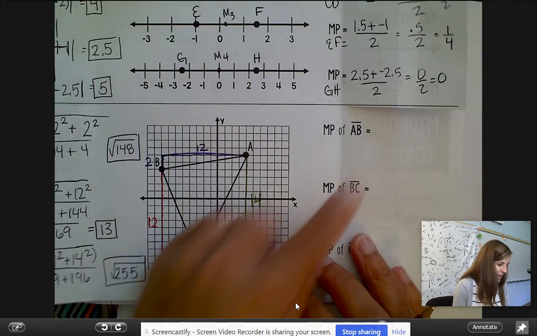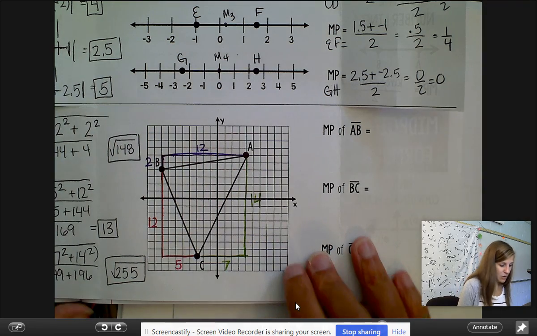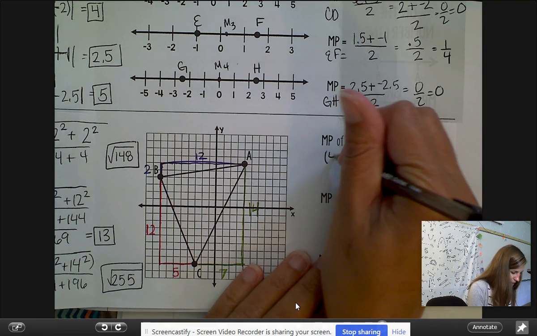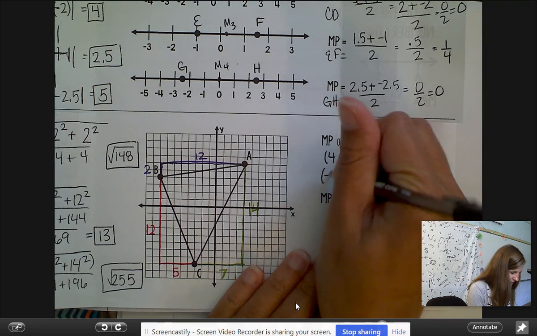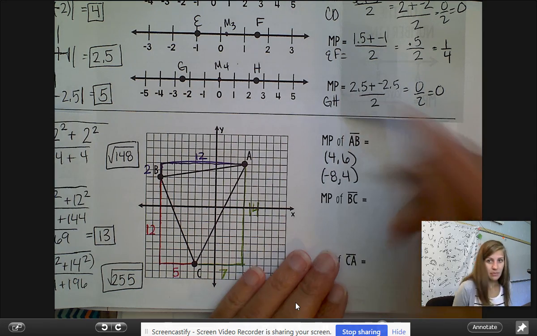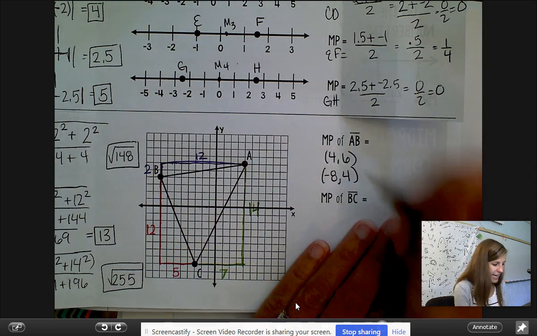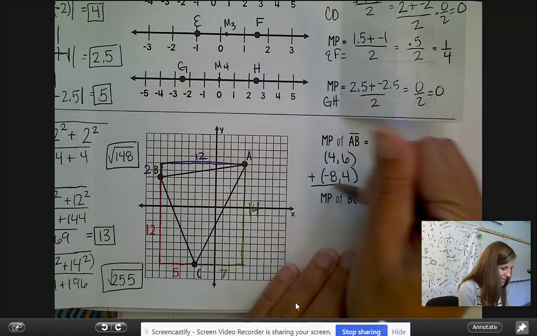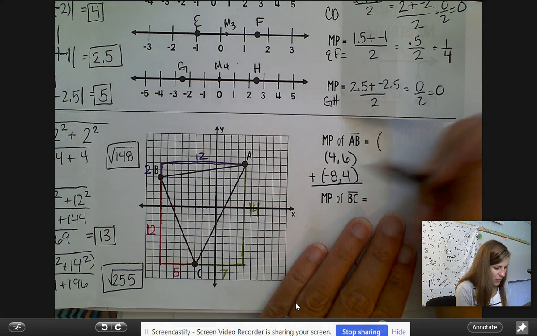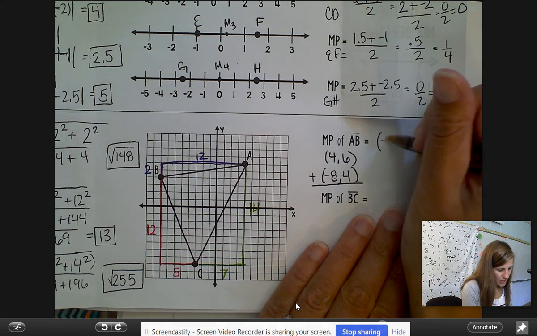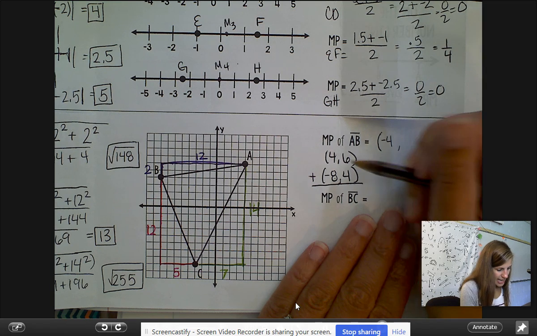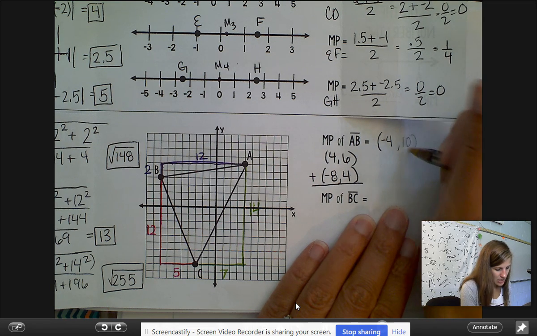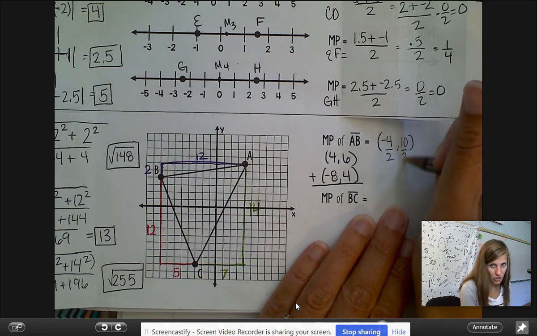So if we take a look at AB, I had those points written down over here. So we were at 4, 6, and then negative 8, 4. Okay, so using my formula, I can add up the x's. So here I just add instead. And so 4 and negative 8 is negative 4. And 6 and 4 is 10, but then we have to divide by 2 on each.